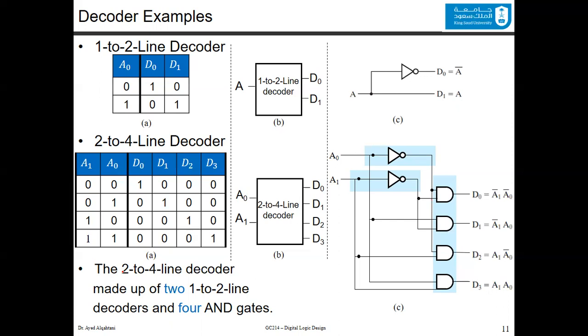Now, the 2 to 4 line decoder is actually made up of 2 1 to 2 line decoders and 4 AND gates. So as you can see, if this is the 1 to 2 line decoder, you can see this decoder here with this line.